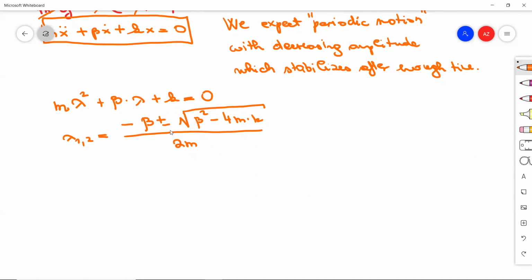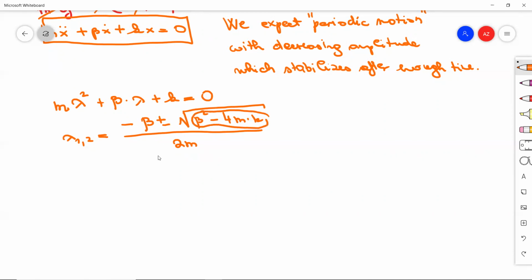So why do we get three really different situations if you observe this formula? Yes.